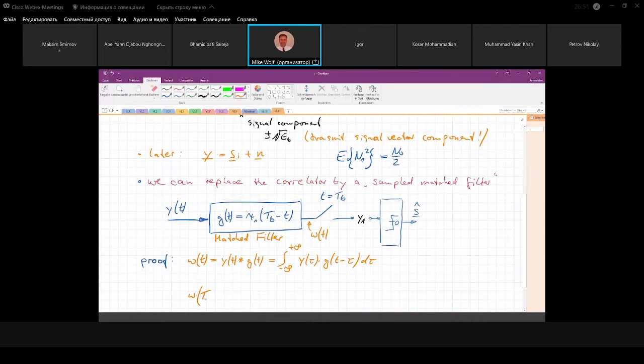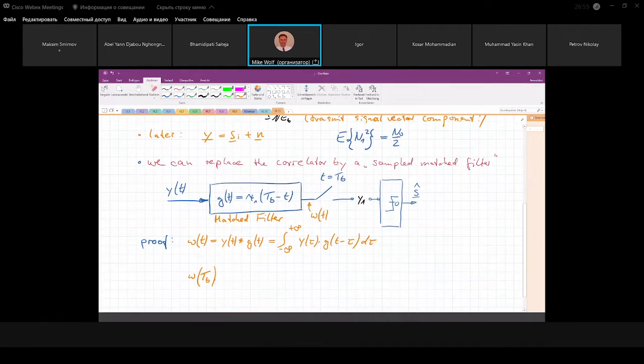And now we take a look at just exactly TB. How does the integral look now? We can just insert TB for this t. So it looks like this: integral from minus infinity to infinity of Y of tau, of course, G of TB minus tau d tau.